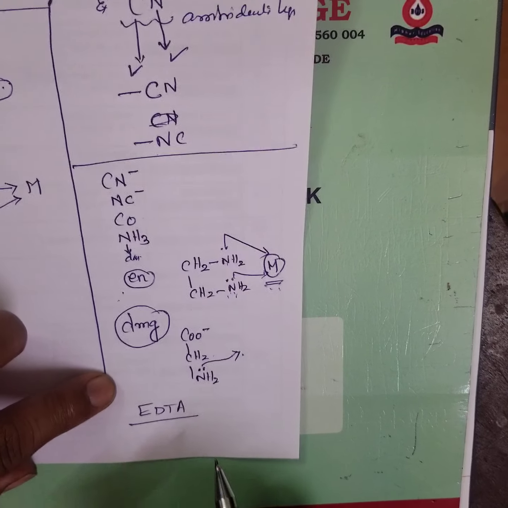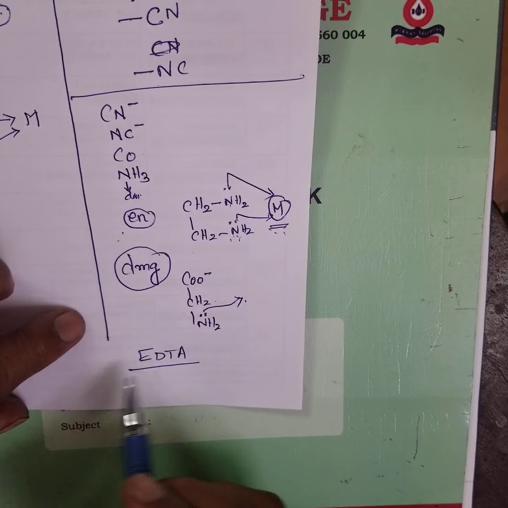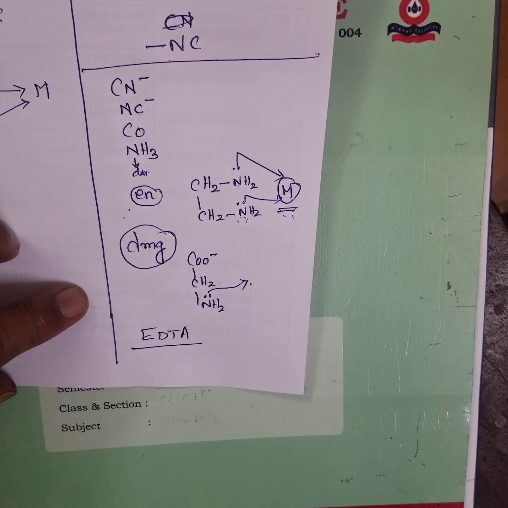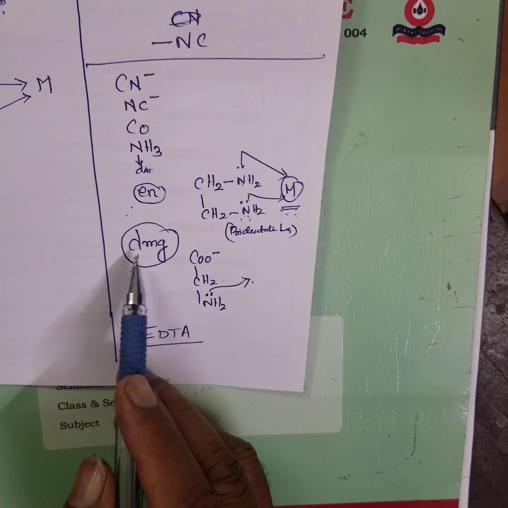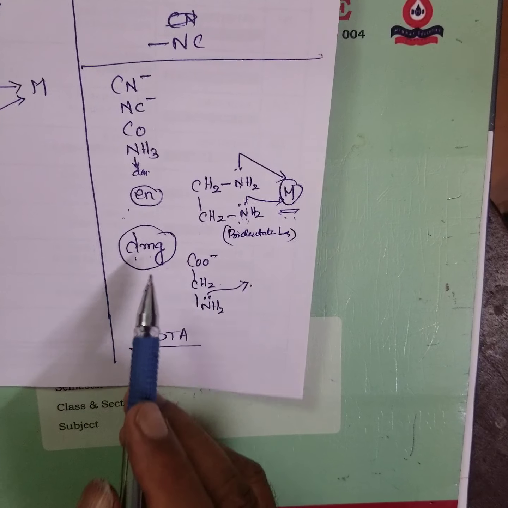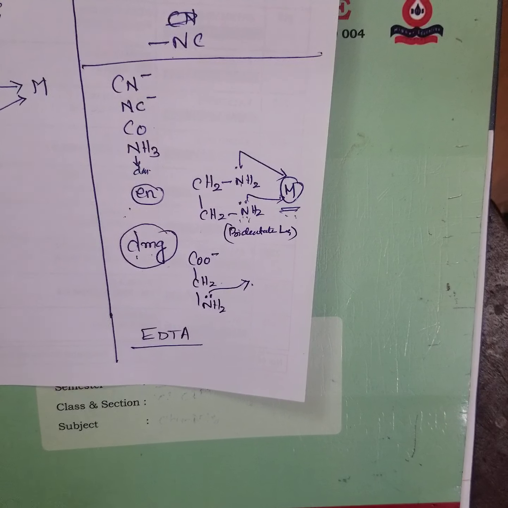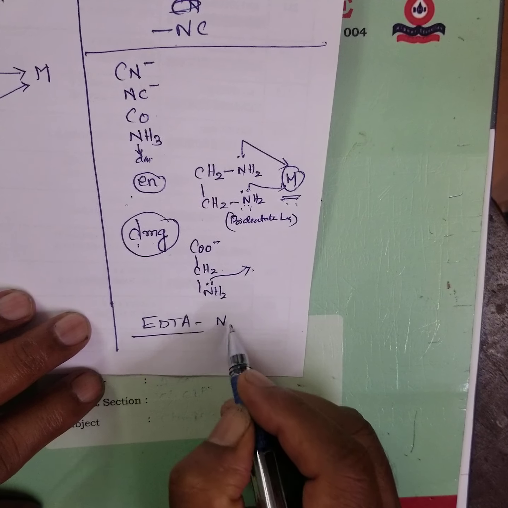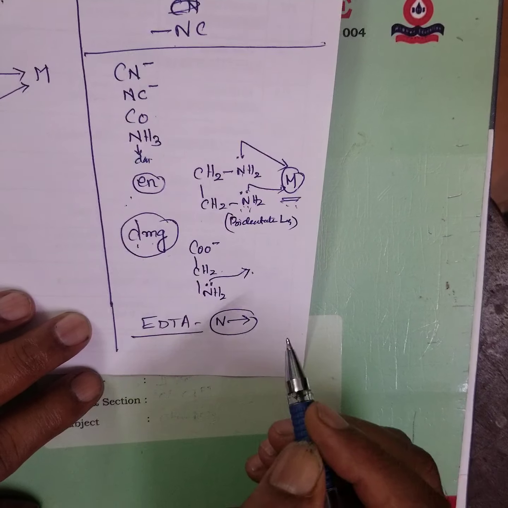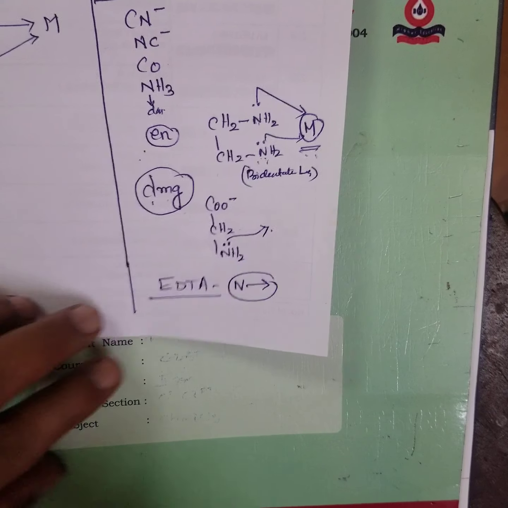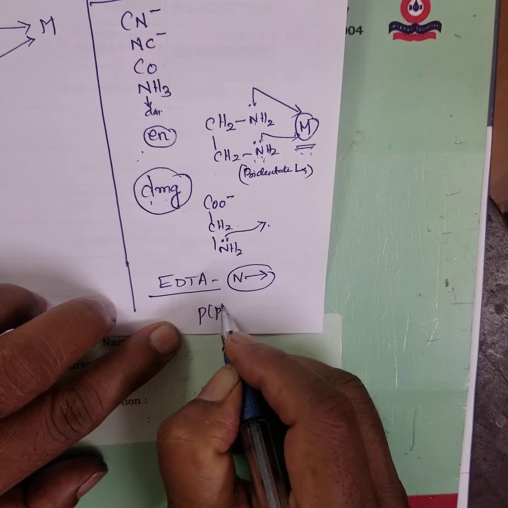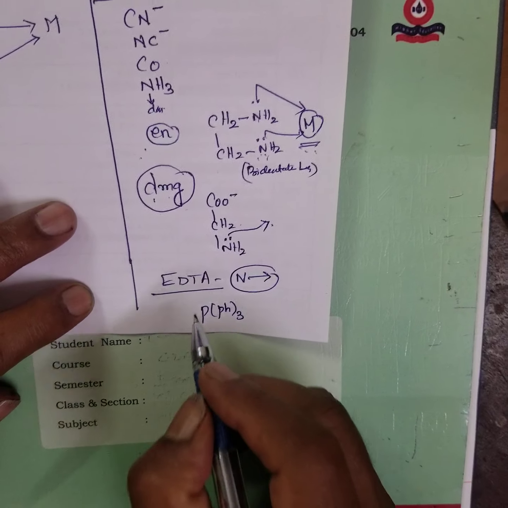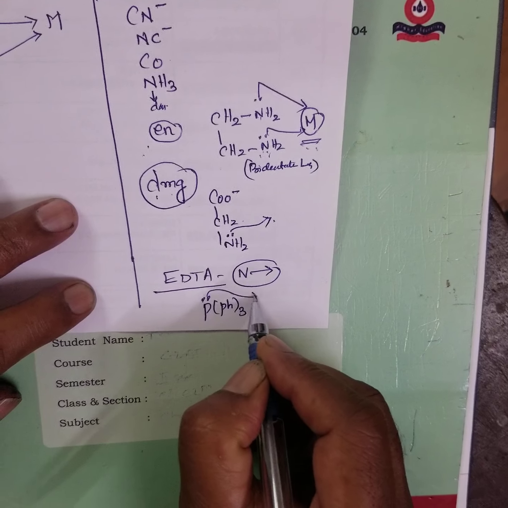What is EDTA? You know what is EDTA? These and all we have done in the previous classes. Here dimethyl glyoximate ion, right? Here also EDTA, nitrogen is the donor. You know, triphenyl phosphine. Here phosphorus donates.